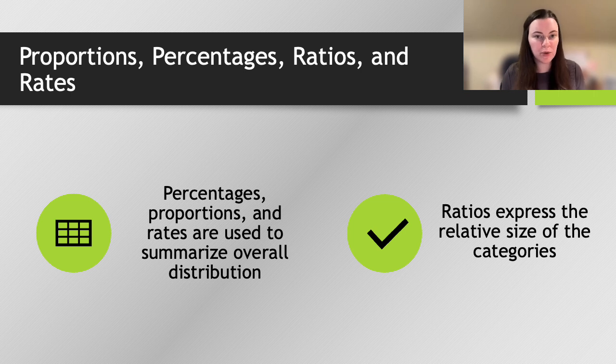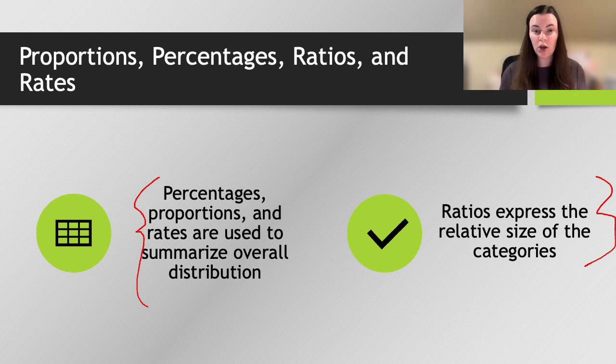As a brief summary of these sections, I want to just spend a moment discussing the differences between proportions, percentages, ratios, and rates. So as a reminder, percentages, proportions, and rates are utilized to summarize the overall distribution. Recall that we did our examples via a frequency distribution itself. However, ratios express the relative size of the categories themselves.